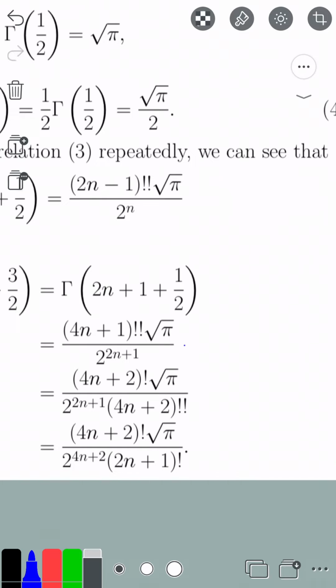So here, multiplying both the numerator and the denominator by 4n plus 2 double factorial.